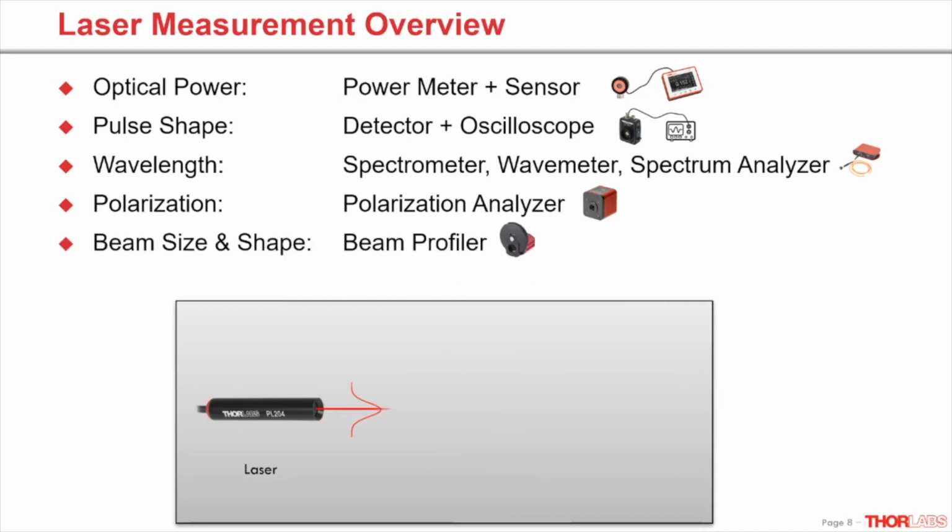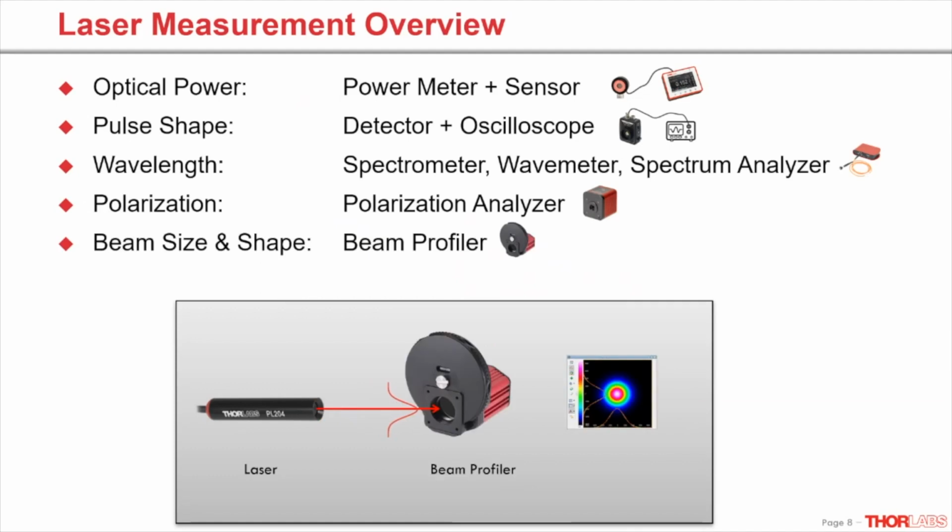Finally, we want to get to the geometrical properties of a laser beam. For the cross-section of a laser beam, profilers are used to measure the beam diameter and beam intensity distribution.